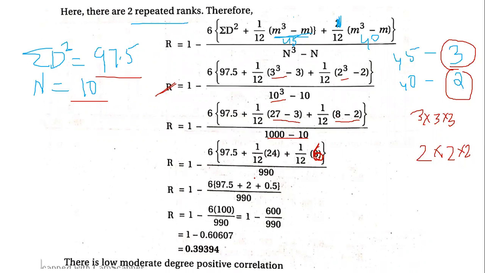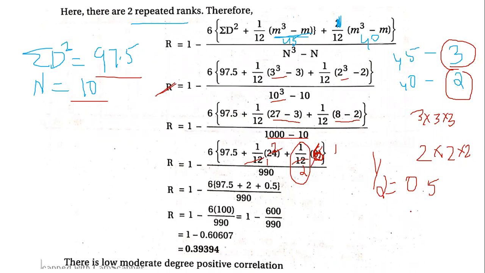Okay, next going on further, 24, again like the previous problem, 12 ones are 12, 12 twos are 24. So 97.5 plus 2 I can take, and here 6 ones are 6, 6 twos are 12. So this will give me an expression of 1 by 2, which is nothing but 0.5.